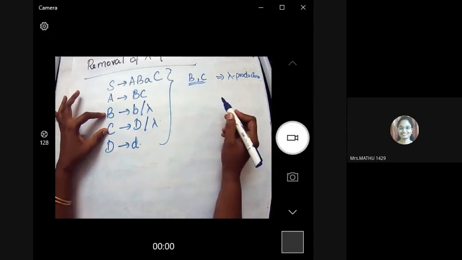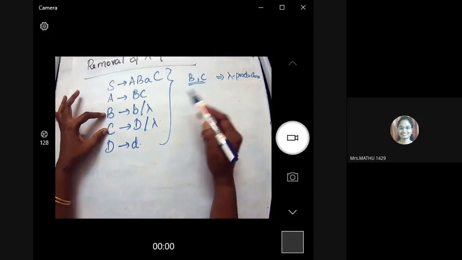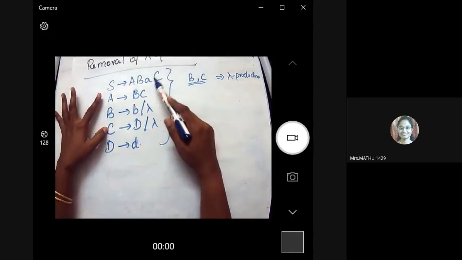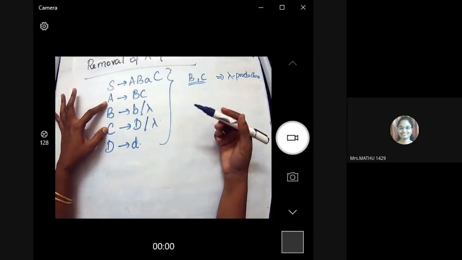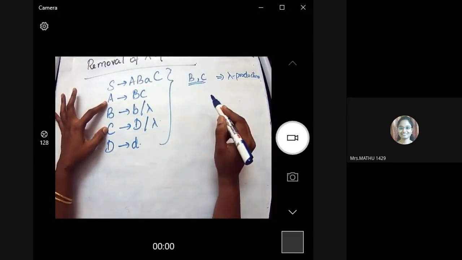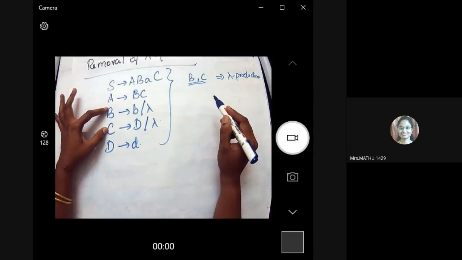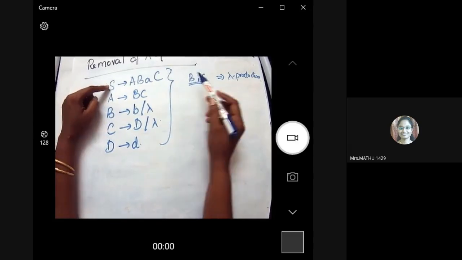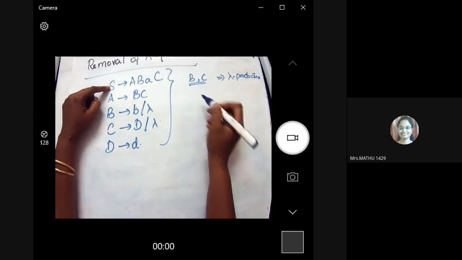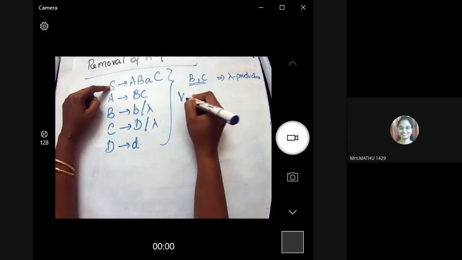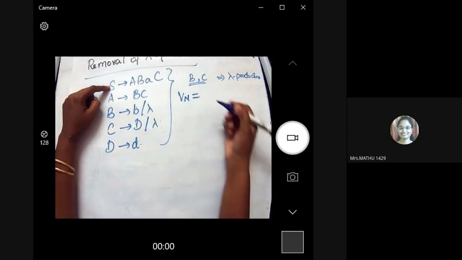Apart from this, by applying this nullable variable to any other variable, if you are able to generate lambda, then that also will be a nullable variable. For example, here B and C are lambda productions, so you can put them in a set of nullable variables, Vn.